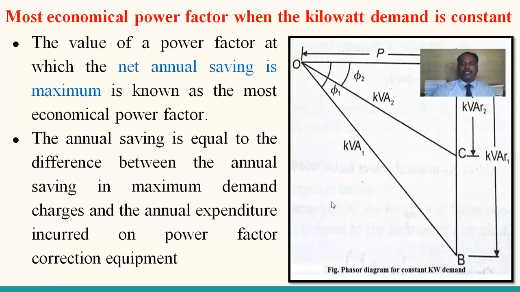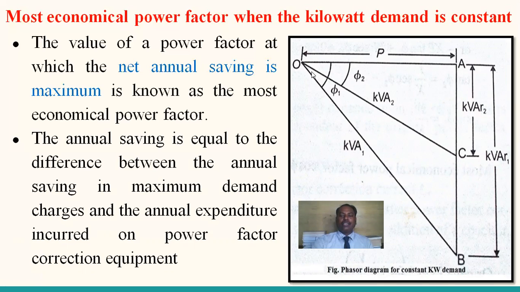So let us analyze a simple system here. This is the existing system, whose real power is P, reactive power is kVAR1, and apparent power is kVA1.